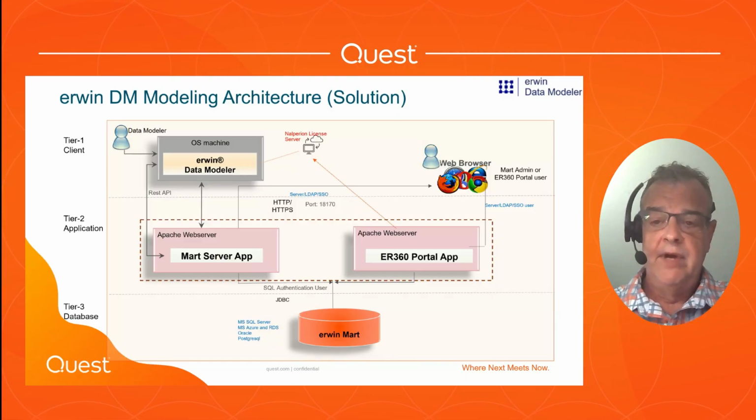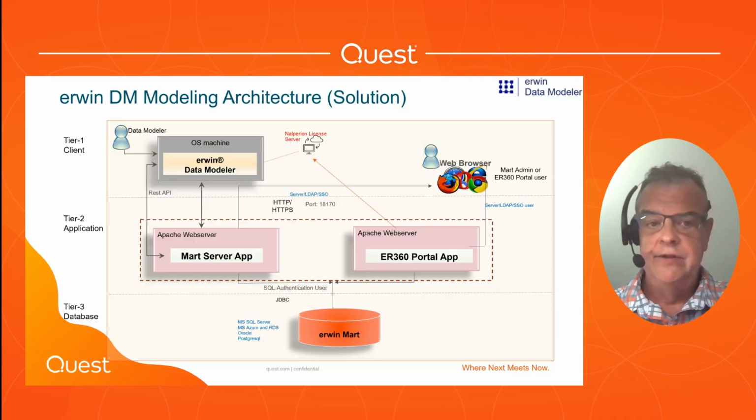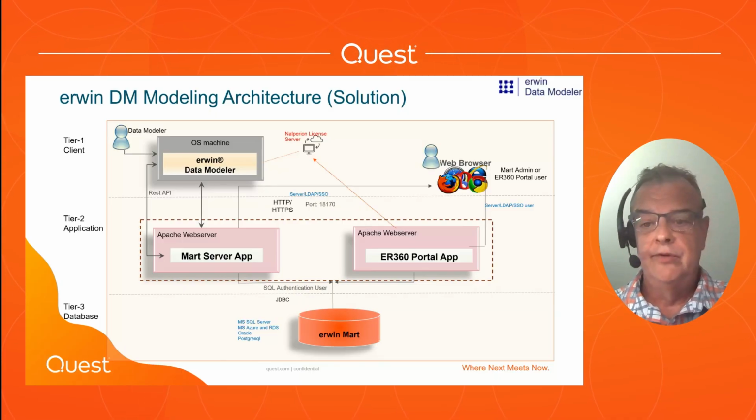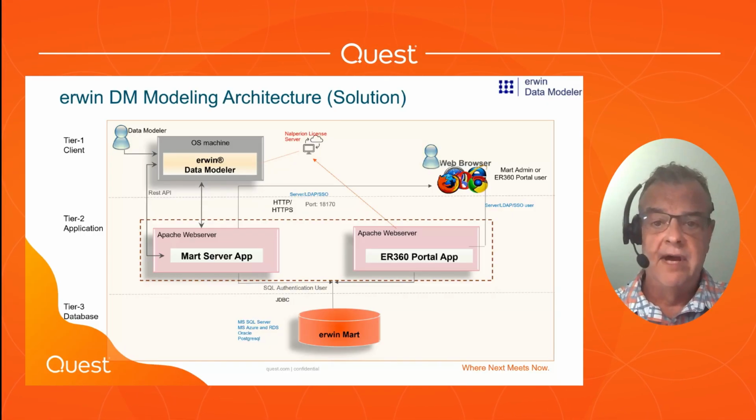What we've been talking about so far revolves around the Erwin client, Tier 1. The Workgroup Edition uses the Erwin Mart repository on the back end in order to store these models and version them. And then we can also publish out to ER360 in read-only format. And as I mentioned before, everything will integrate with Active Directory, Entra ID, single sign-on, that sort of stuff.